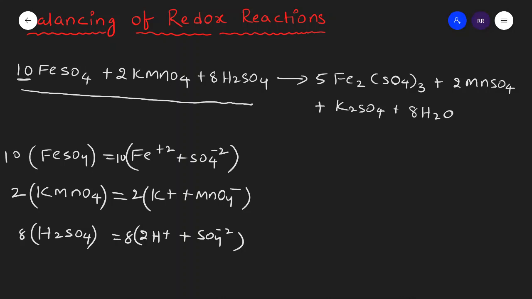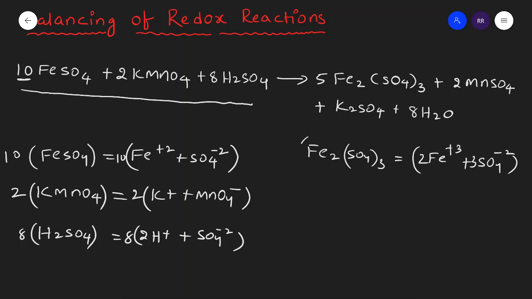In the same way, let us do the right-hand side, that is the product side also. In the product side, we have Fe2(SO4)3, which can be written as Fe plus 3 and SO4 minus 2. This is 2 Fe and this is 3 SO4.